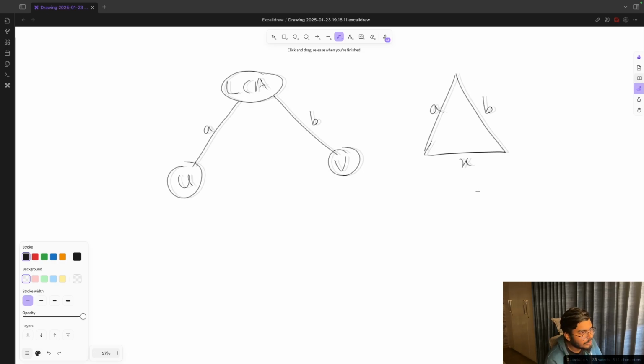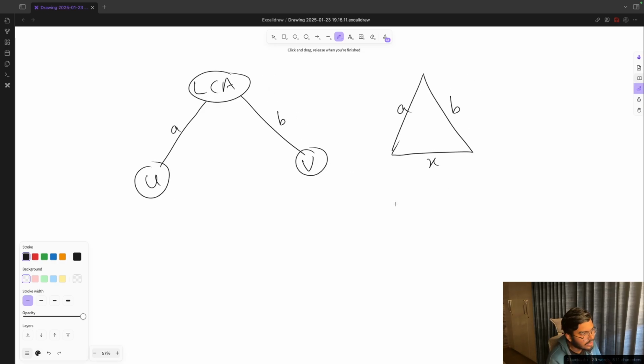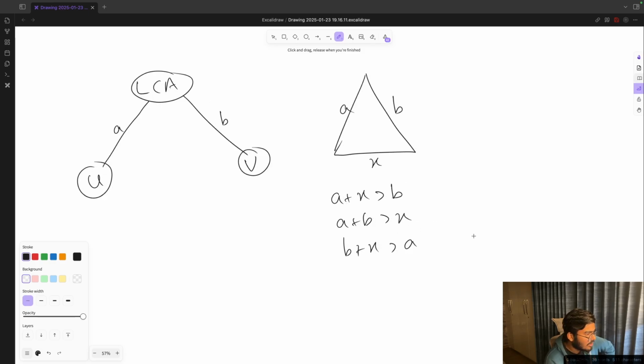So how can we actually do this? If you know the triangle inequalities, what are they? We have A plus X is greater than B, A plus B is greater than X, and B plus X is greater than A, right? So let's try to find the value of X from each of these.